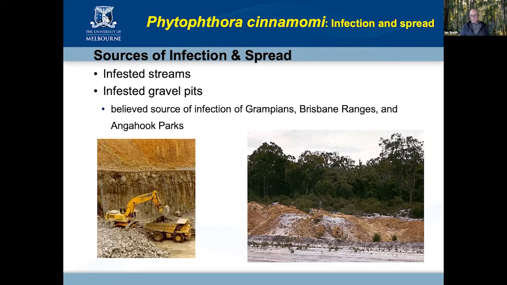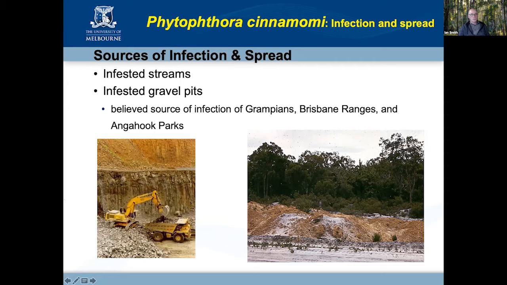But a big one in the past has been infested gravel pits. Infection occurs along the boundary of the forest, and the spores get washed into the gravel pits. The machinery picks it up and puts it in the truck, and they take it off and use it along the roads.